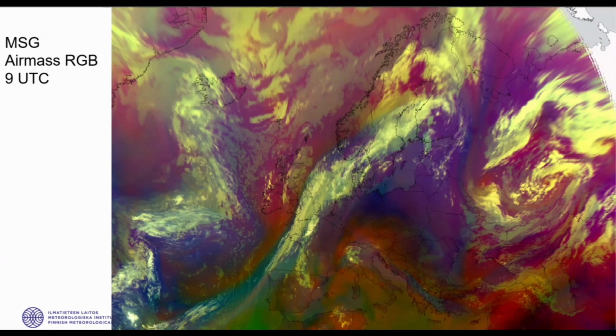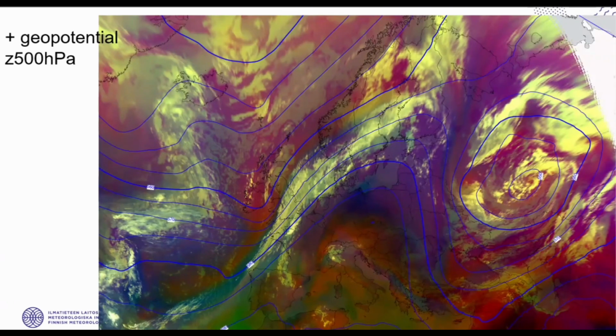And also here I put on top the model data to see how it looks and to compare the satellite imagery with the model data. So here we have the same geopotential height, 500 hectopascal.